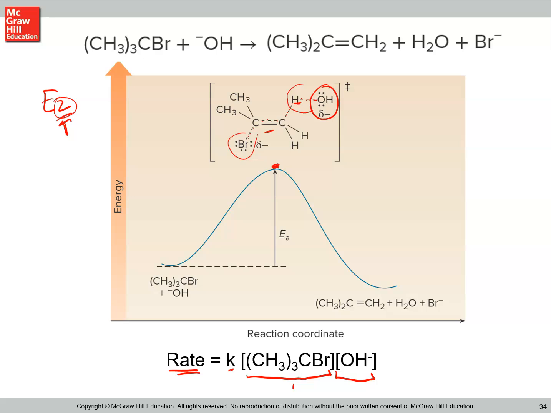And that should make sense, because this thing has to happen, and this thing has to be here. So these two things have to make contact with each other. And the more of the base you add, the faster the rate's going to go. The more of the leaving group compound, the faster the rate's going to go. So they're both involved in that transition state, and that's why they're both part of this rate constant.